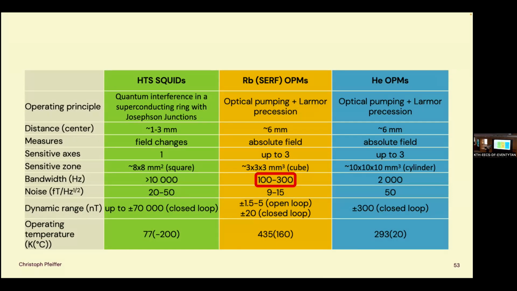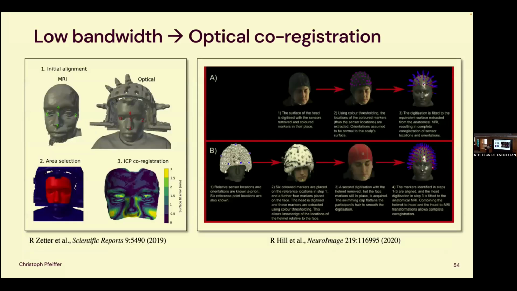When we try to determine where the sensors are, those coils are activated at a frequency outside of the range that we're interested in. So if we need the whole band, like the 100 Hertz, for looking at neuromagnetic signals, there's nothing left to put those coils in. We have to do it some other way.